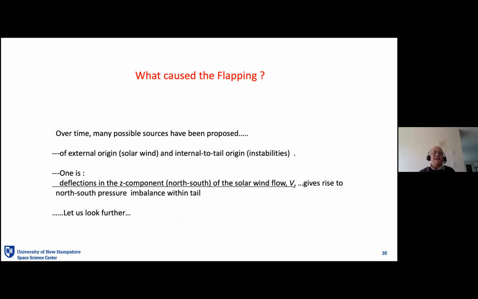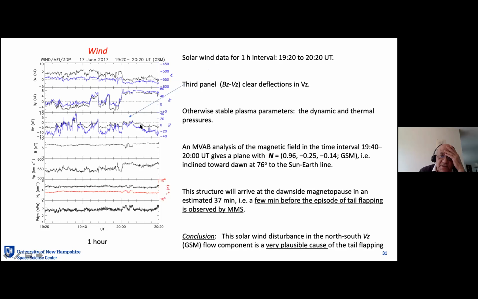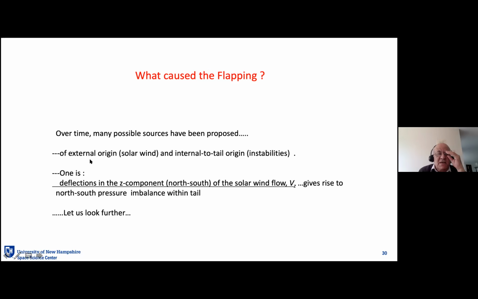Then a nice question, a side issue: when you think about the many, many years people spent asking what causes the tail to flap, and to the present day they are not sure. Over time, the ideas varied, with many possible sources. First, people were talking of external origin, solar wind.